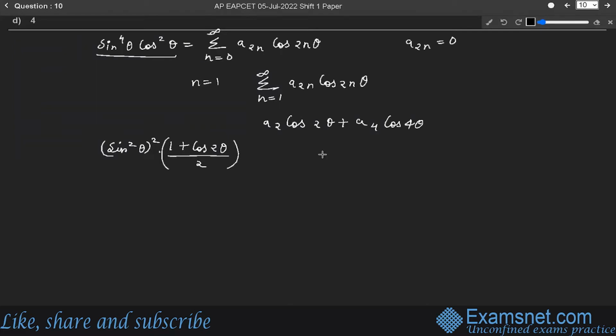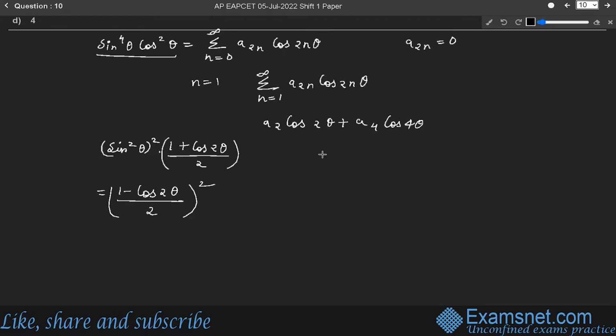On further solving, sin²θ can be written as 1 minus cos²θ, or (1 minus cos 2θ) divided by 2, whole squared. We know that there is an identity sin²θ plus cos²θ is equal to 1. So sin²θ will be 1 minus cos²θ.